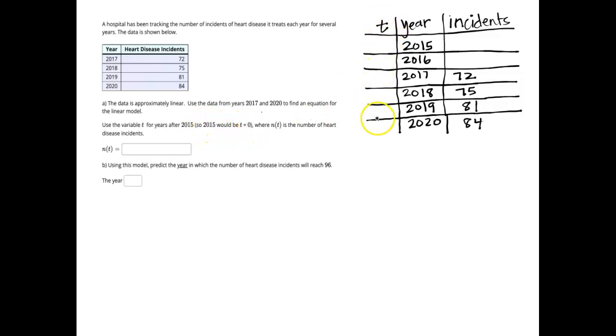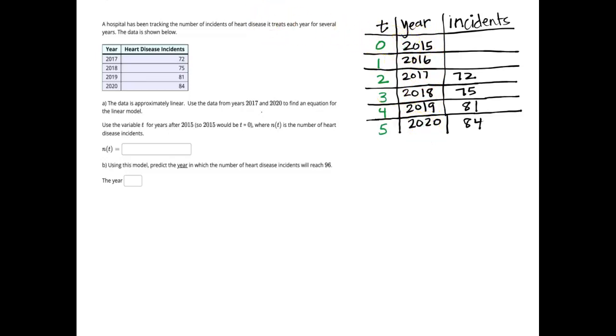And so we need to make a column for our t, so the number of years after 2015. So we're going to put t is 0 for 2015, t is 1 for 2017, 2, 3, 4, and 5, right? So just all of those corresponding to the different year that it's talking about.